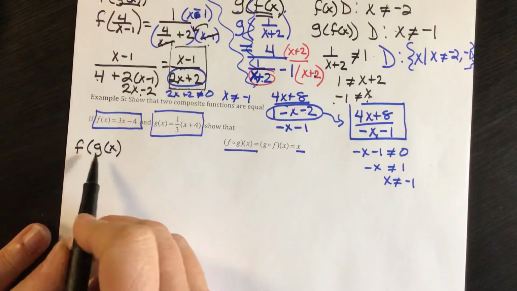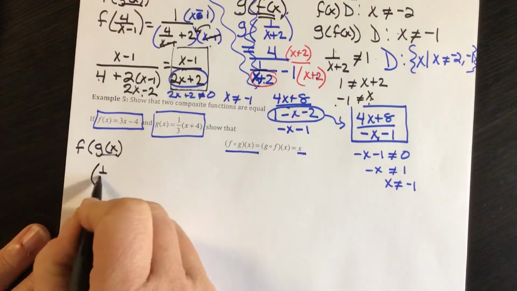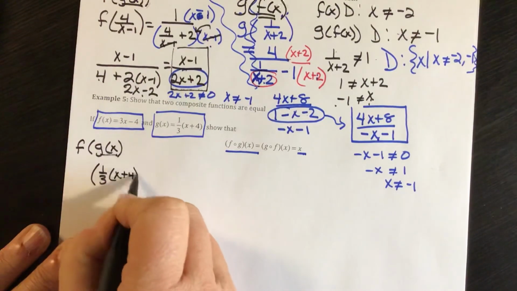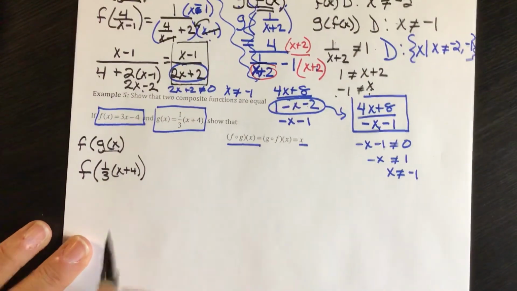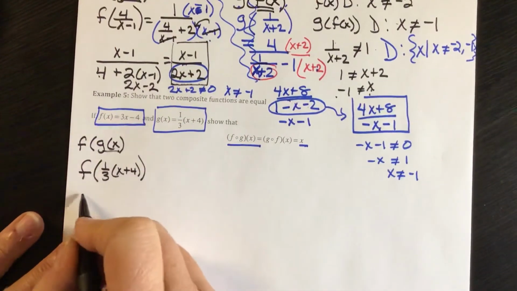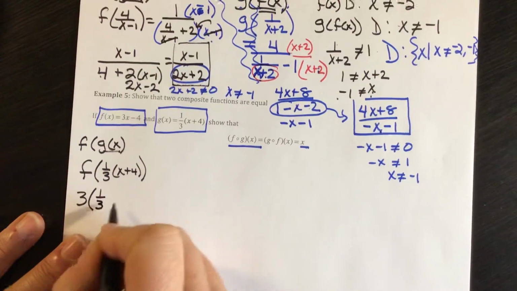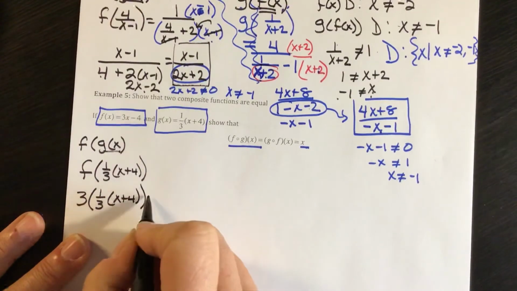And that will be, I'm going to take g of x, which is 1/3 times x plus 4. And I'm going to plug that into the f function. So the f function is 3 times what x equals, 1/3 times x plus 4. And then I'm going to subtract 4.